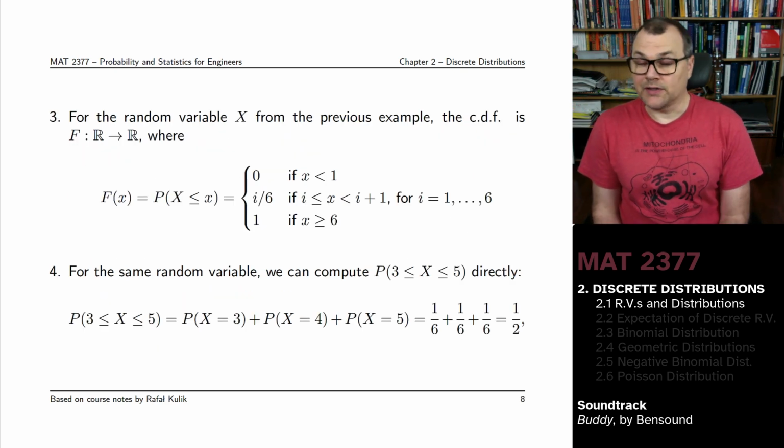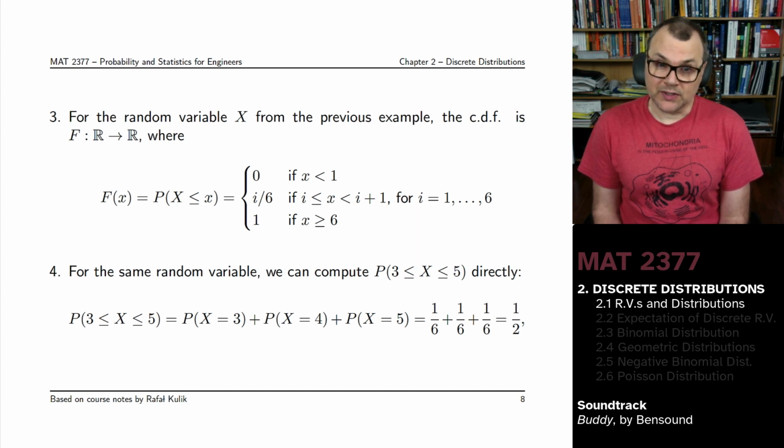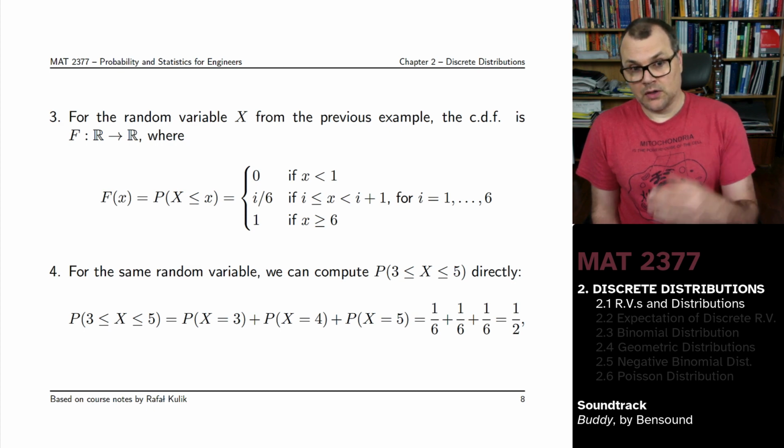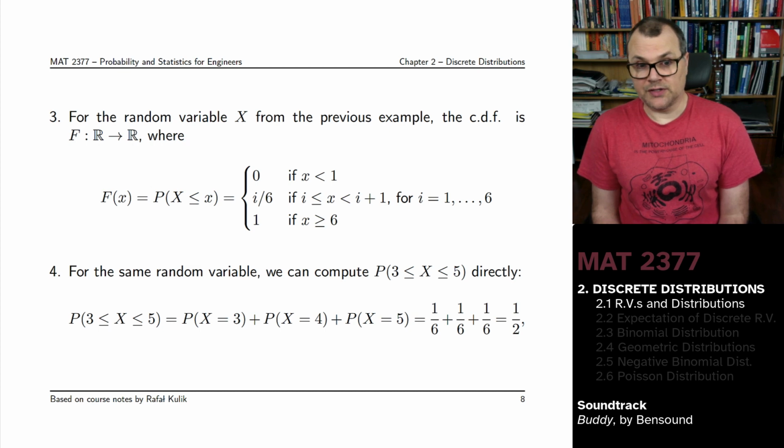One of the things that is not obvious to do at times is how to build the CDF from the random variable, from the probability mass function. This function here, the CDF, is not obviously given to you. This is one of the ways in which you can write it.